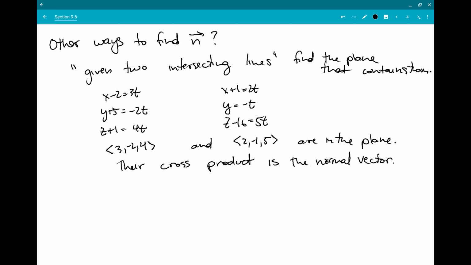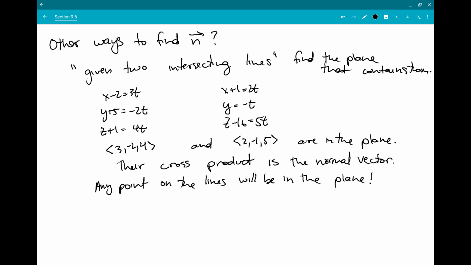For example, 2, -5, -1, or -1, 0, 16. Any of those points would work. And that's just a different way to communicate something about a plane so that you can solve a problem with it.